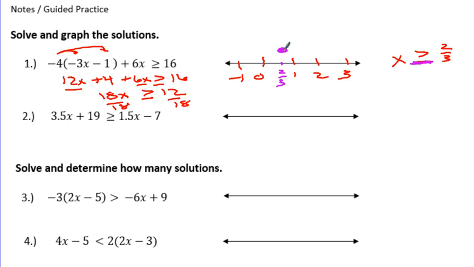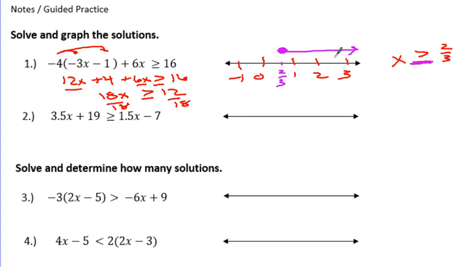So I'm going to fill in that circle because 2/3 is included here, saying that this is part of my solution because of the or equal to symbol. x is greater than or equal to 2/3, so anything that's greater than 2/3 is also part of the solution. I want to draw a graph that shows all the possible numbers. We always go greater than when we go to the right. Everything to the right is when we count up. So everything to the right is greater than 2/3.